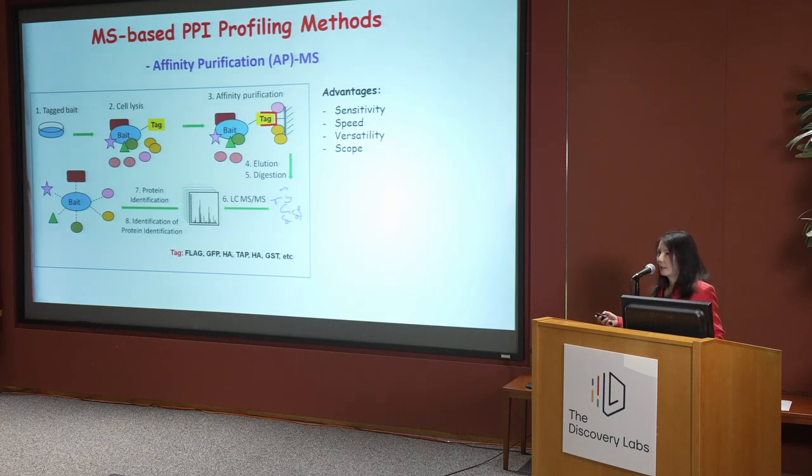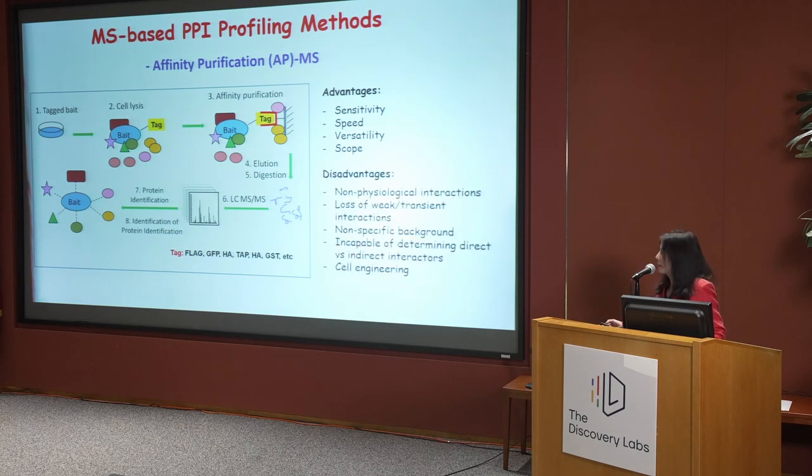But every method has its pros and cons. So for this one, it has some limitations. One is that it could form non-physiological interactions because the interactions are captured after cell lysis, and it can also lose weak and transient interactions due to the cell lysis and extensive washing steps. And for any type of resin-based affinity purification, you will have non-specific background.